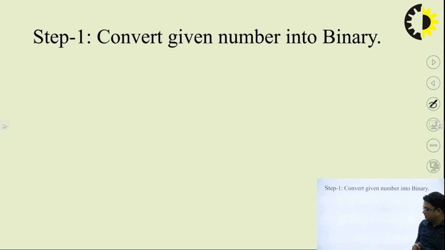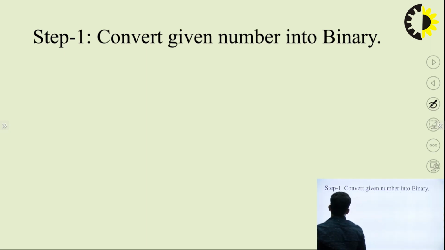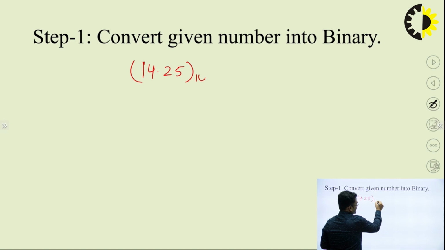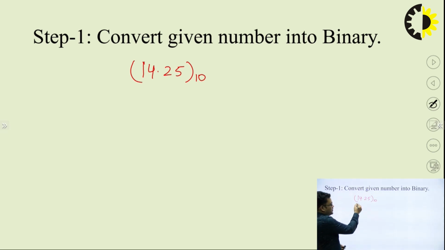The first step for representing this is to convert the given number into a binary number. For example, let's consider a number 14.25. This could be in decimal or hexadecimal also, but considering right now this number is in decimal. So the first step is to convert the given number into binary form.